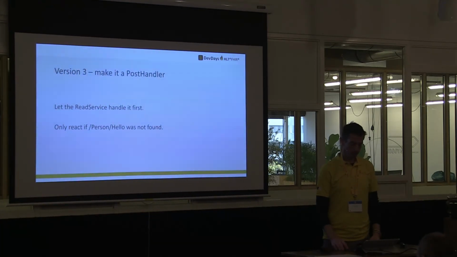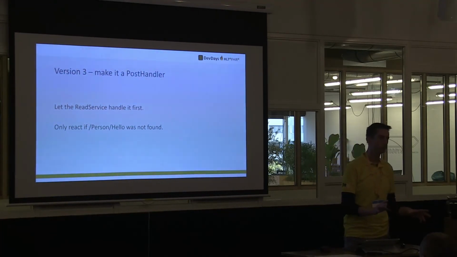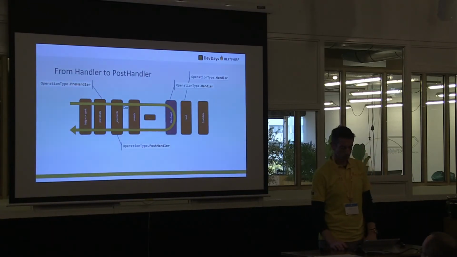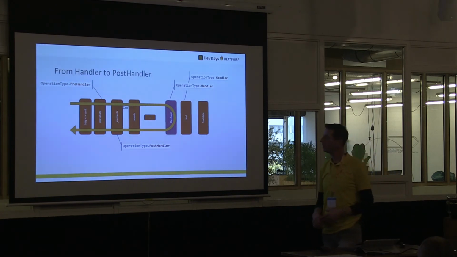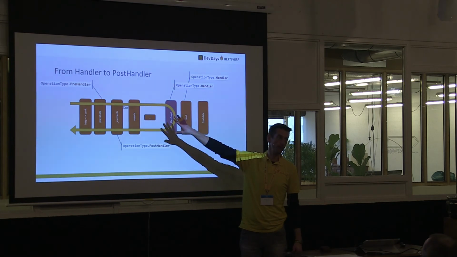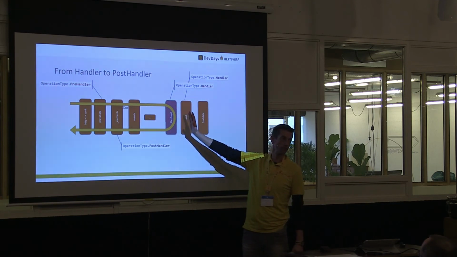Now, make it a post handler. Let the read service handle it first, and then if it's not found, then we will respond with our resource. This is about handling things up front. Currently, we had this handler and it says, I know the answer if you ask for person hello. So I'll cut the pipeline short and the read service does not get a chance to answer at all.